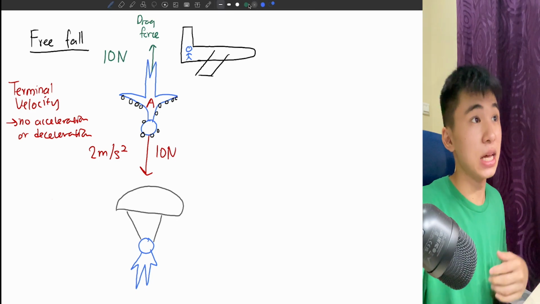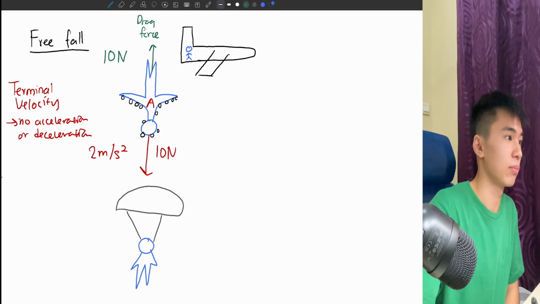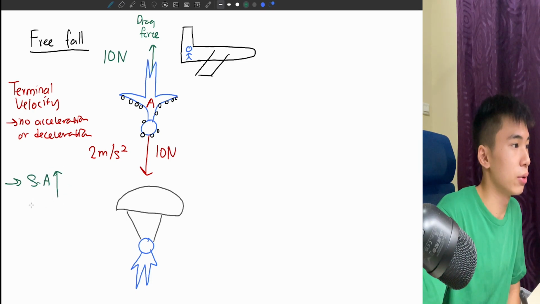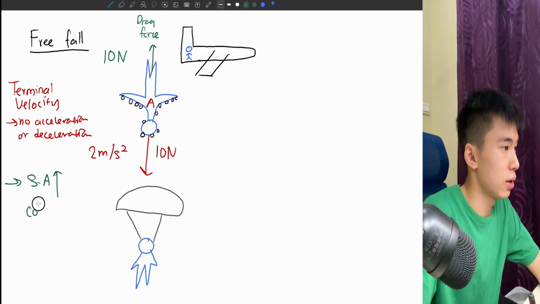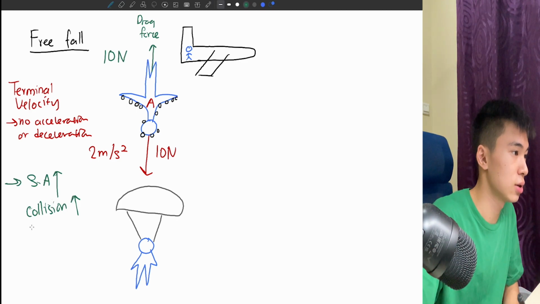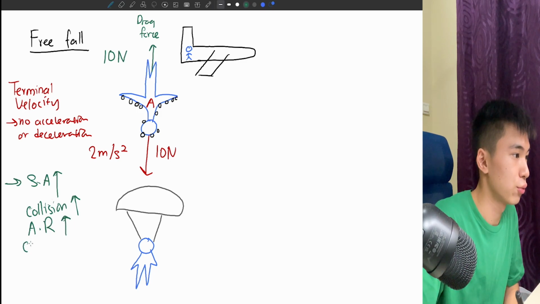And just now I had mentioned that if you increase the surface area, you will increase air collision. If you increase air collision, it will have greater drag force or air resistance.